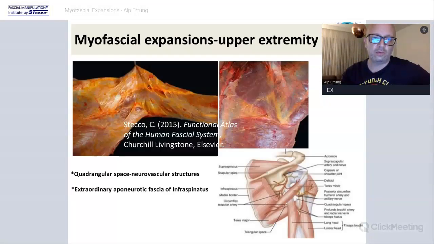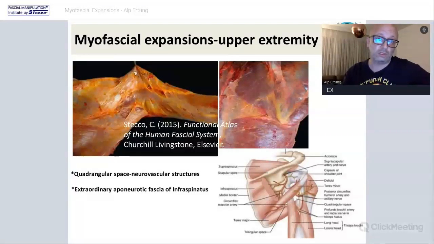Also, here we have another magnificent example, because in the classic anatomical textbook, this area looks like this: we have some arteries and some nerve tissue coming in between all these structures. But we have something like this, where a lot of different structures can affect each other.